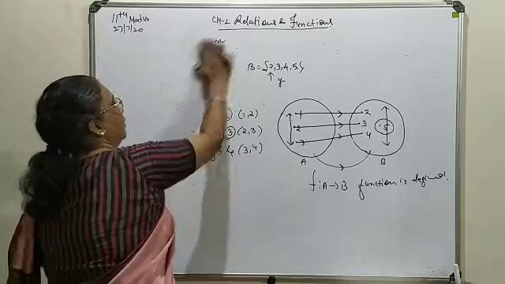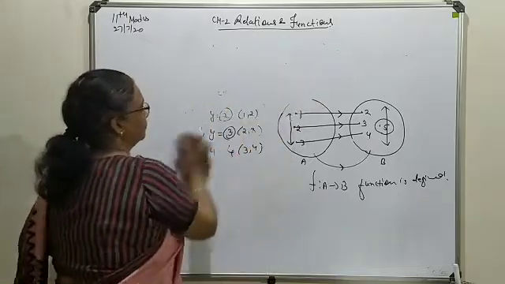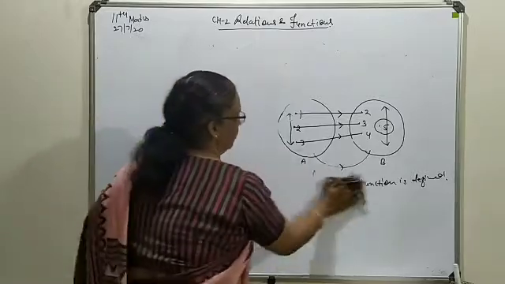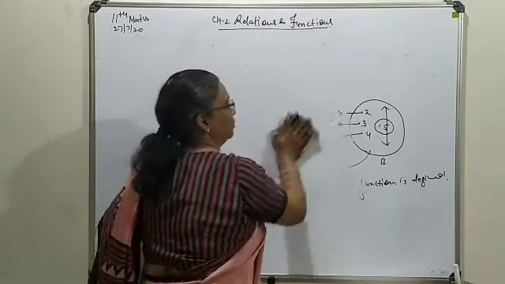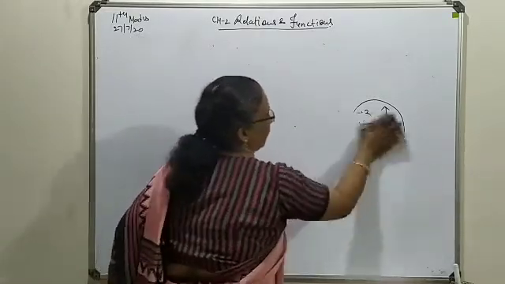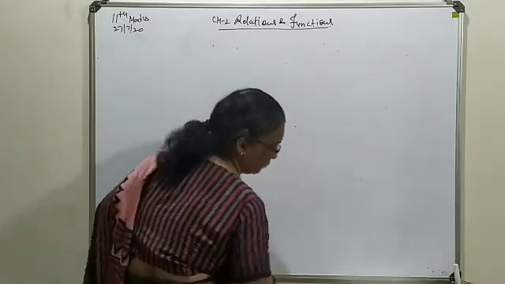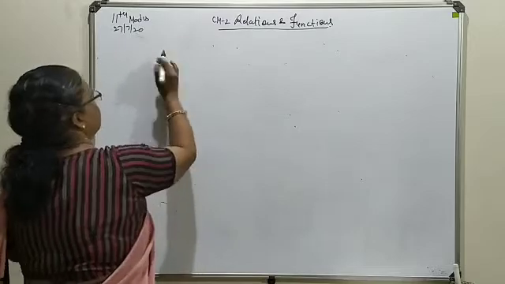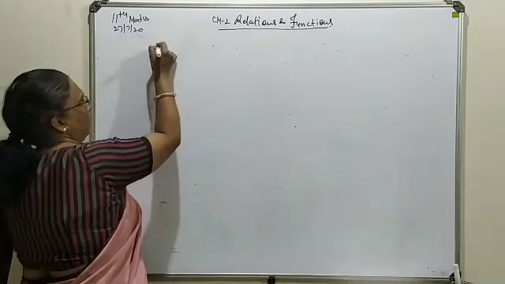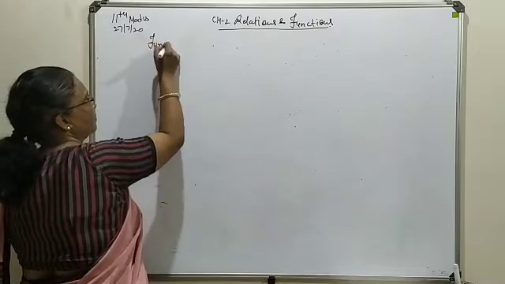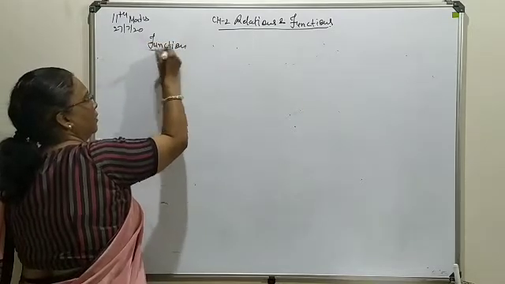Now there are certain conditions in which your relation turns into a function. The first condition we already had, so let's list it out in diagram form. Here our topic is function. What is the meaning of function?